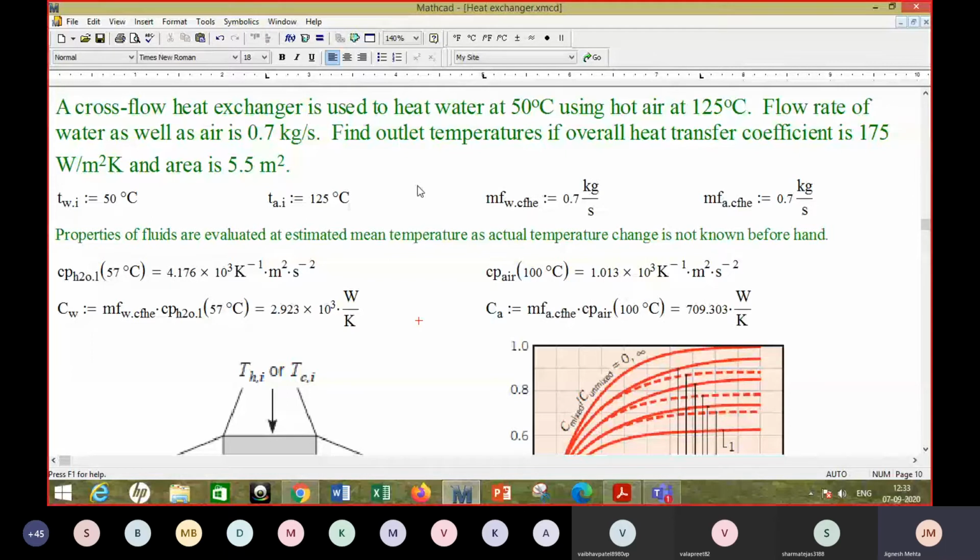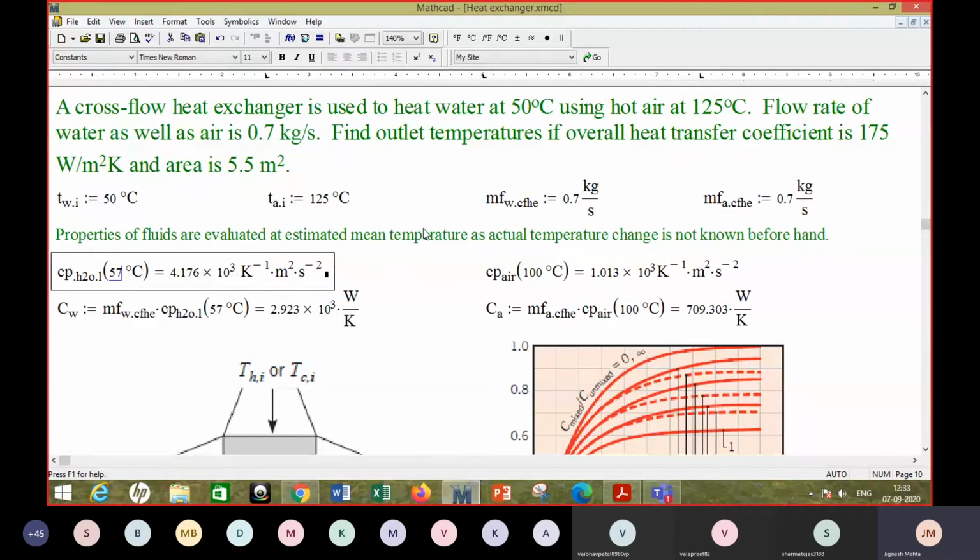So I have put it at 57, right? It's by some rational guess. Or I might have actually calculated the outlet temperature and then changed the value.